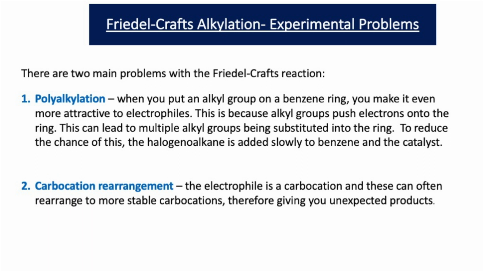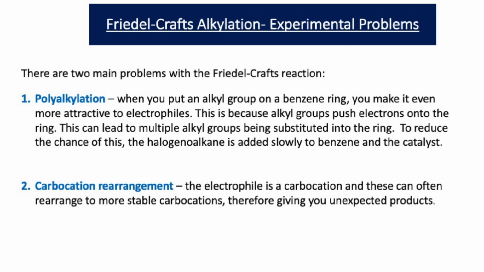Now a primary carbocation is a carbocation where you have one alkyl group attached to the carbon with the positive charge, and you will remember from AS chemistry that a secondary carbocation, where you have two alkyl groups attached to a carbon with a positive charge, is more stable than a primary carbocation, and therefore it's possible that if the electrophile is a carbocation, it will rearrange to the more stable carbocation.